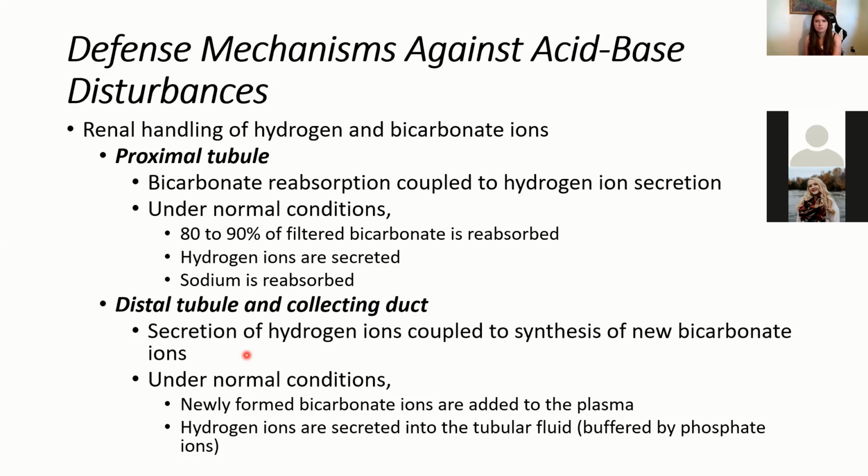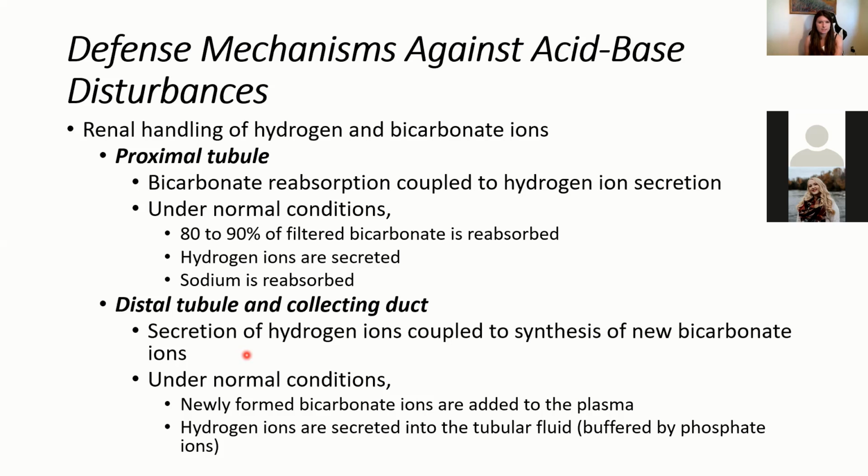So instead of reabsorbing more bicarbonate, your distal tubule and your collecting duct create new bicarbonate, which you can then pull into the plasma. So under normal conditions, the bicarbonate that you're making is going to get added to the plasma, and the hydrogen ions are going to get secreted into tubular fluid, just like in the proximal tubule.